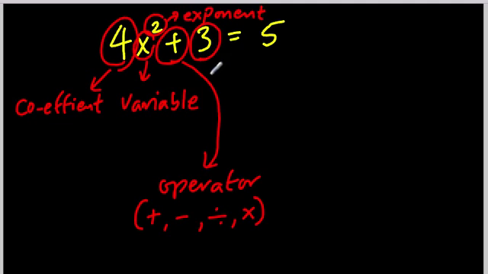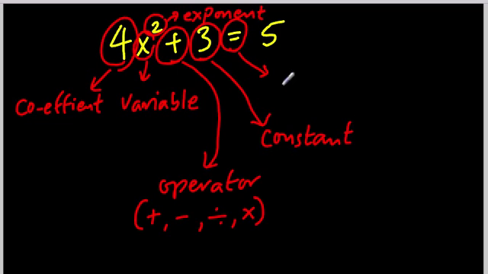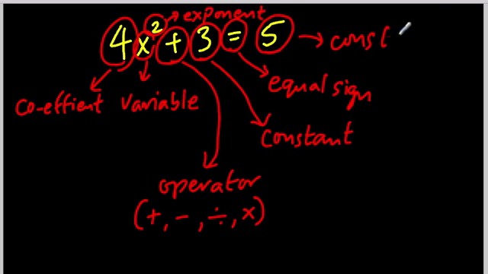So this 3 is known as a constant. This equal sign here is simply the equal sign. And by the way, this is an equation. It's not an expression, it's an equation, because it has an equal sign right here. And finally, the number 5 over here again has no variable, so this is a constant.